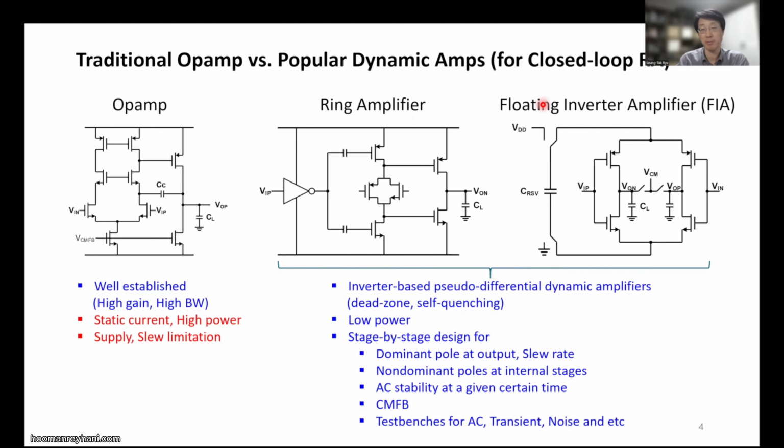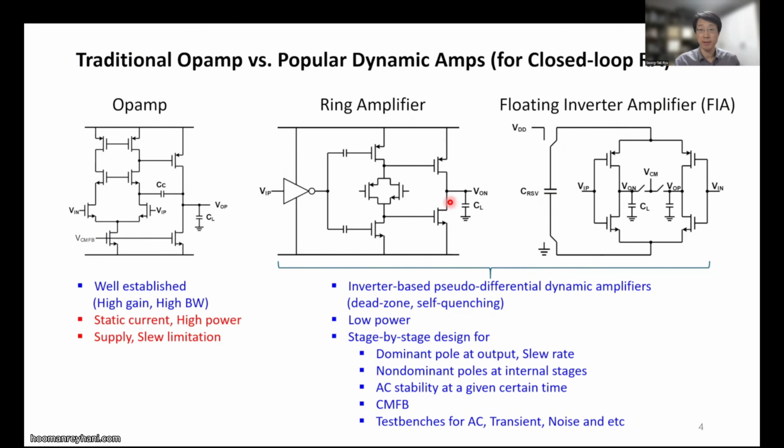The floating inverter amplifier's case is similar: at the beginning, the fully charged reservoir capacitor will drive the load with the set VGS here. Different from operational amplifiers, it is not so easy to get high gain from internal nodes because these need to provide wide bandwidth.